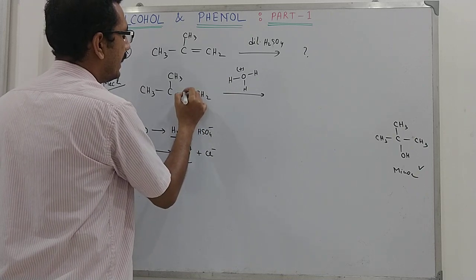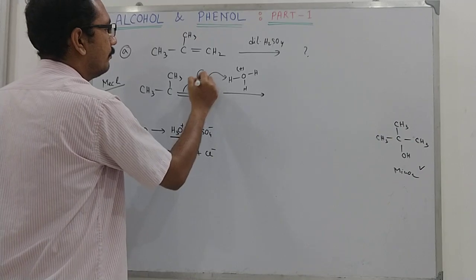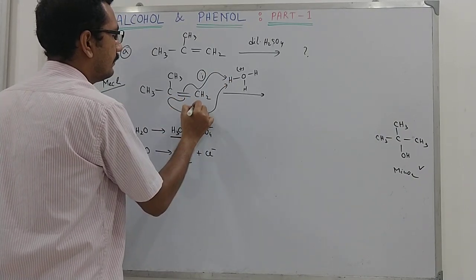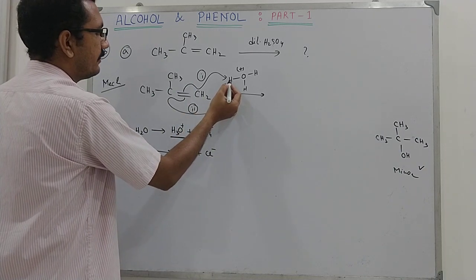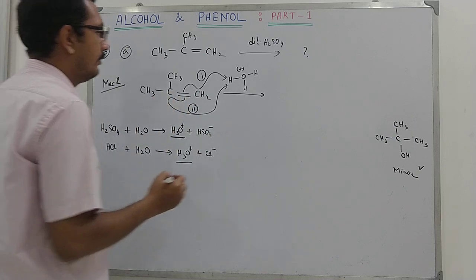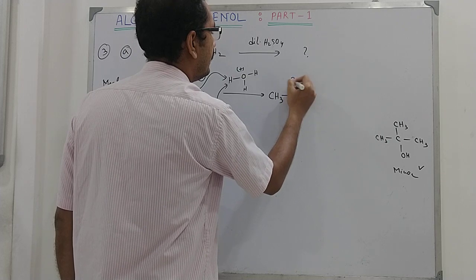Now there are two sides. One is this, say it is 1, and this is say 2. So the attack by this electrophile H plus may be at the terminal position or at the more substituted position. In both cases, let us write the intermediate.